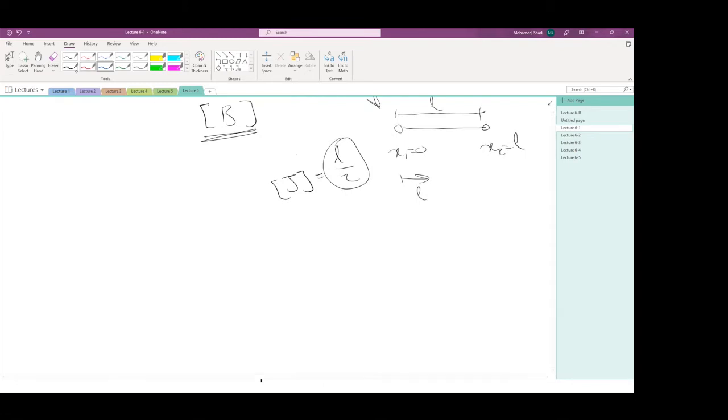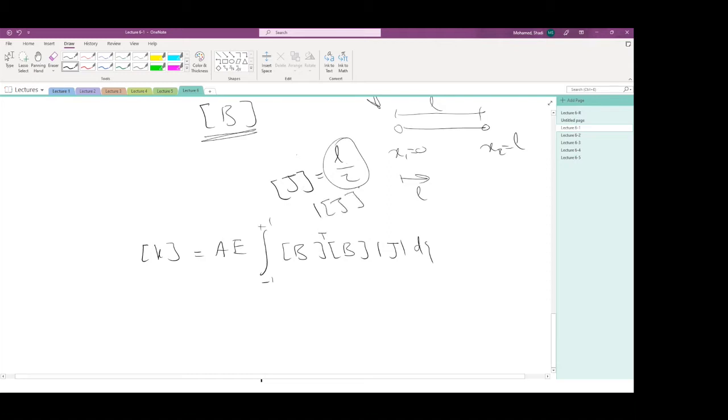So the stiffness matrix is now AE, I'm just taking the D matrix outside, integral between -1 to +1, B transpose multiplied by B, multiplied by the determinant of the Jacobian matrix and d xi. Now the Jacobian matrix is L over 2. The determinant is just the same; this is not a matrix, this is a scalar, so it stays the same. So this will be replaced by L over 2.